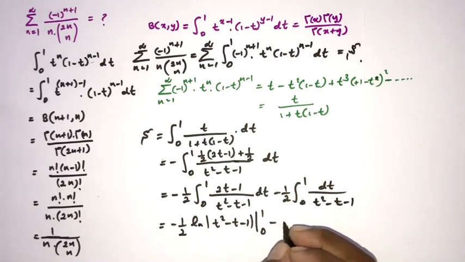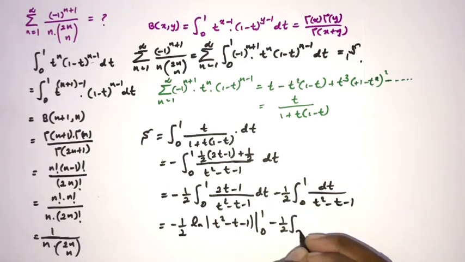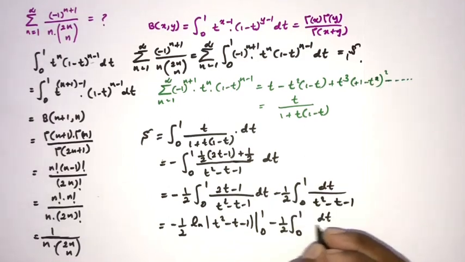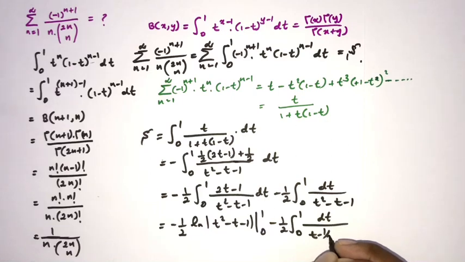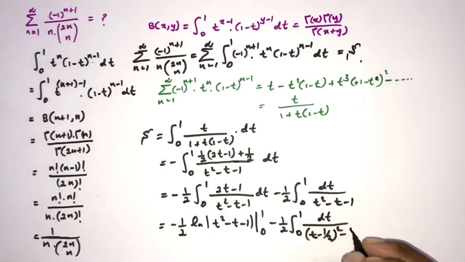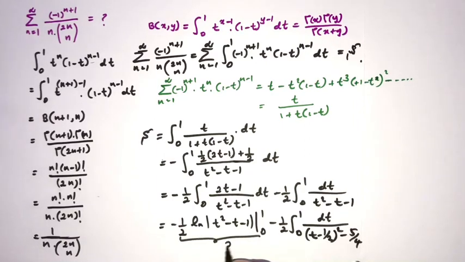Then here we have minus 1 half integral from 0 to 1 dt over, here we can write this as a perfect square, (t minus 1 half) squared, so t squared minus t. Now here minus 1, so also we should subtract 1 over 4, so here minus 5 over 4. Now if we apply the limit, we know this part will be 0.